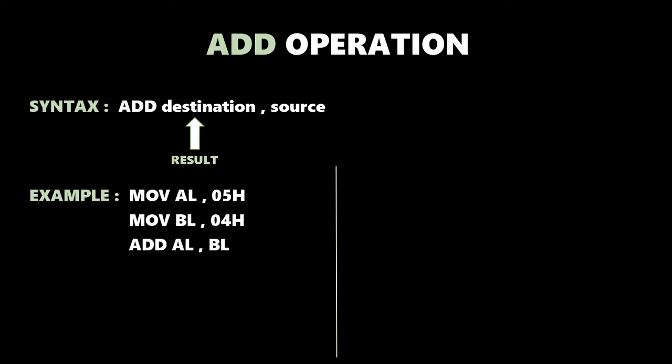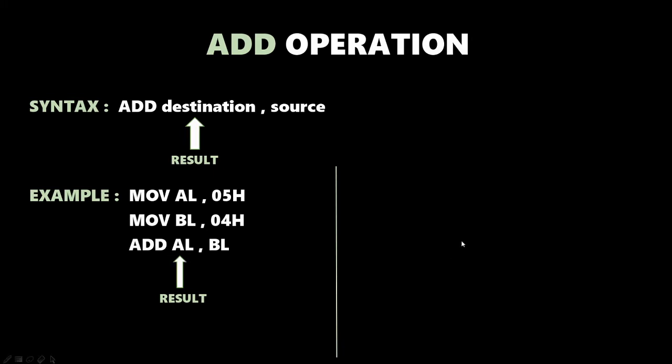Now the next instruction that we give is ADD AL, BL. This will add the value stored in our AL register and the value stored in our BL register, give a result and store the result in our AL register. Since in our syntax we saw add destination, source, the final result is stored in our destination. Here the destination will be our AL register.